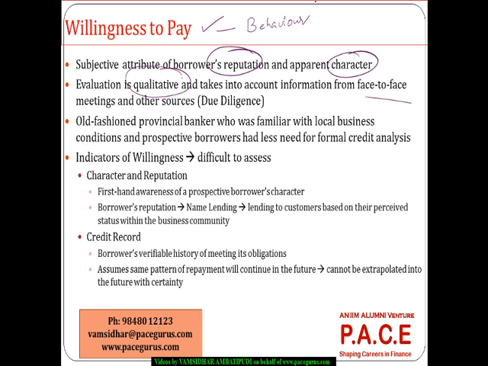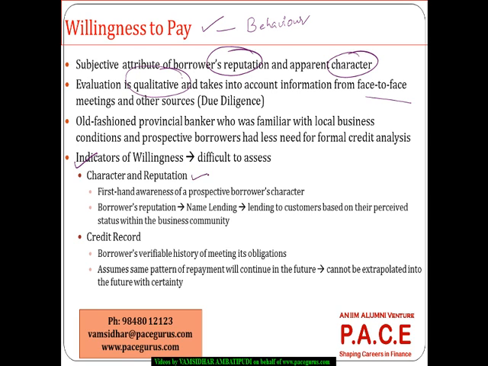This is where we look at different kinds of indicators that talk about willingness. Some indicators have been designed to assess willingness. They may not fully replace understanding the borrower in person, but at least they offer some automation and assessment.